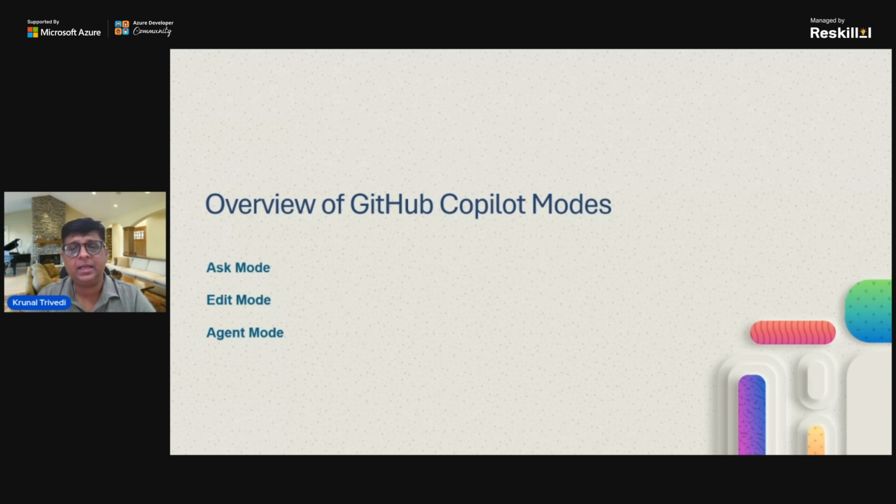And the third one is agent mode, which allows Copilot to autonomously perform multi-step coding tasks. Our today's session is about agent mode. Here it is like your buddy, your fellow programmer who sits next to you.